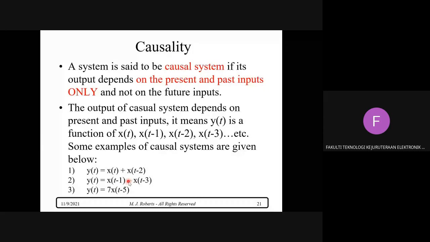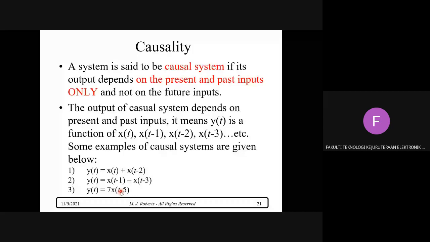So t minus 1 and t minus 3 show past inputs. The same goes for the third example here. The output at the present time t depends on the past input t minus 5 times 7. So that is causal.